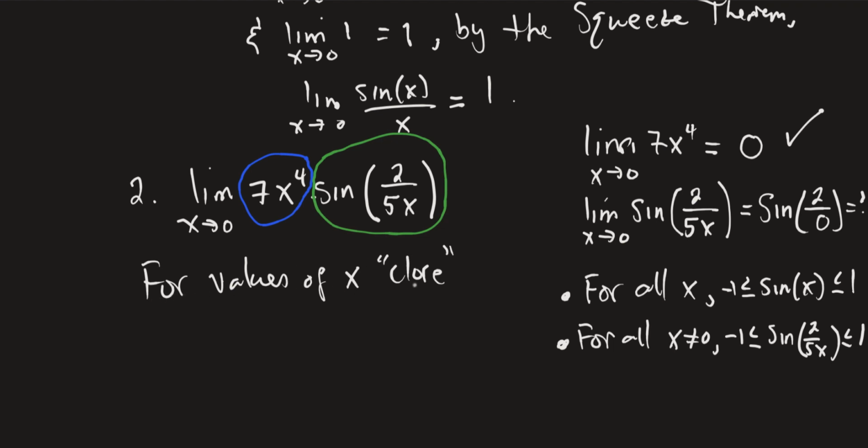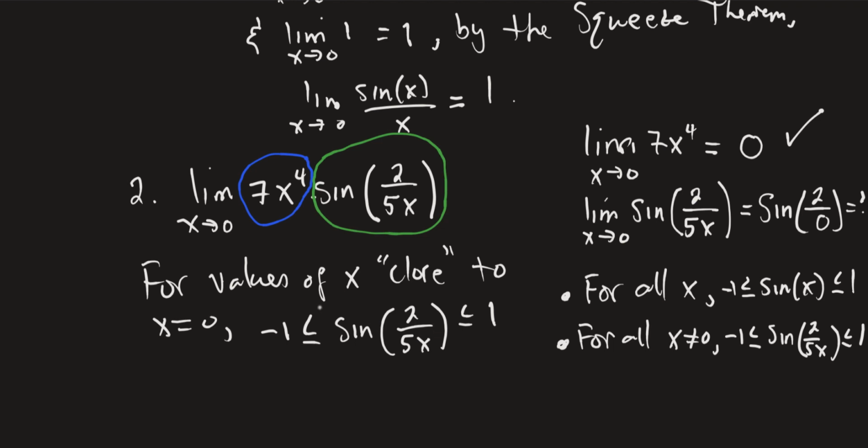So for values of x close to x equals 0, this inequality is true. Your sine function is a bounded function. As long as you stay away from any problem values of x, without getting too technical, then this inequality must be true.